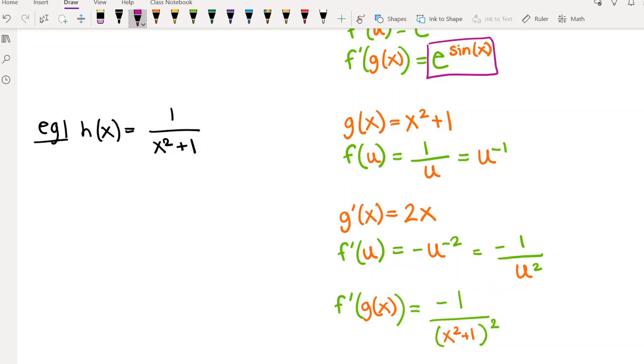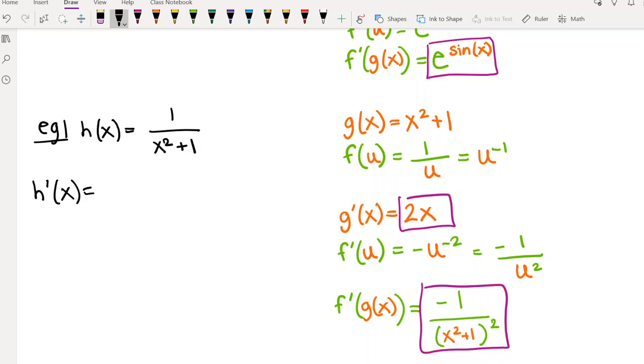Now we're going to put together our outer derivative and inner derivative. So the derivative of h of x is going to be equal to the outer part of the derivative, negative 1 over x squared plus 1 squared, and then we multiply that with the inner derivative, which was 2x.